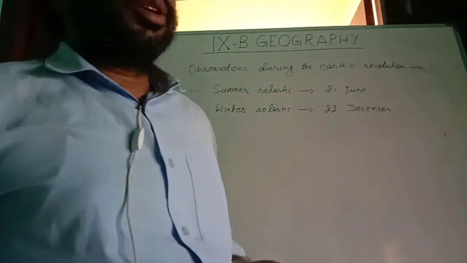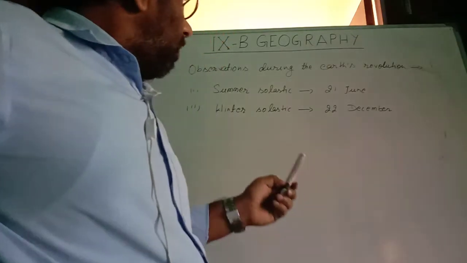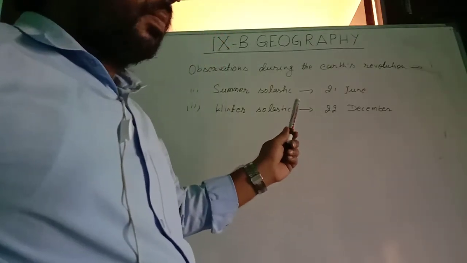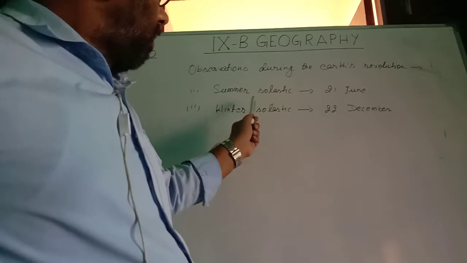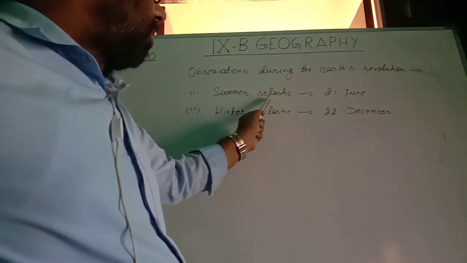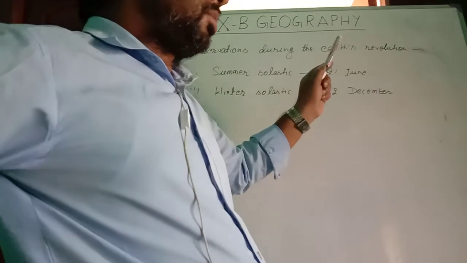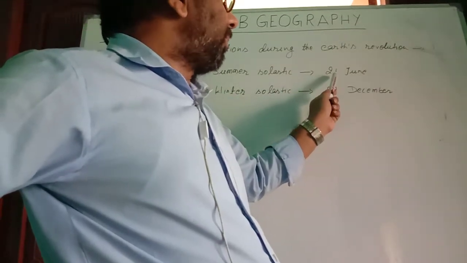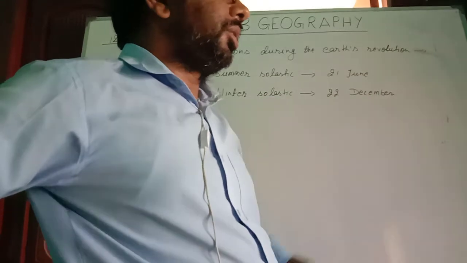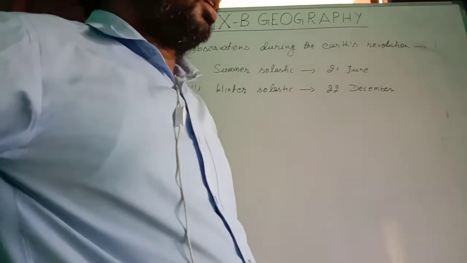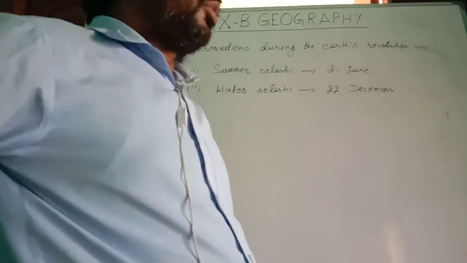Winter solstice is that if there is summer solstice in the northern hemisphere, then sun rays will fall vertically in the northern hemisphere on 21st June, and the days will be longer, nights shorter.